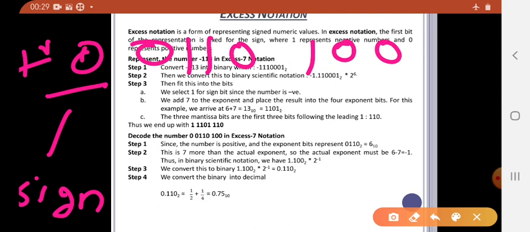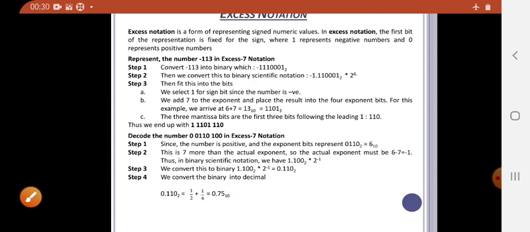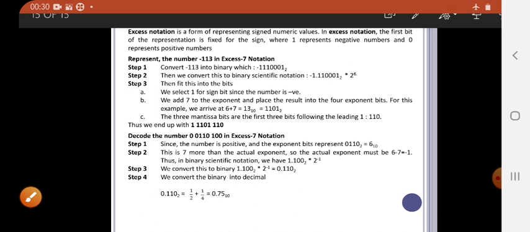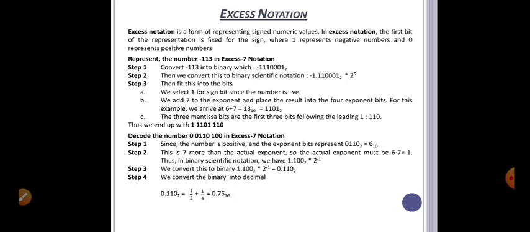Why? The number is 0, that's why it is positive. This is my exponent, and this one is mantissa. Keep in mind. So here also, the number 0 0 1 1 0 1 0 0 in excess 7 notation.